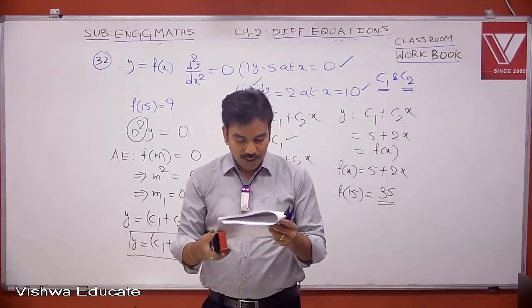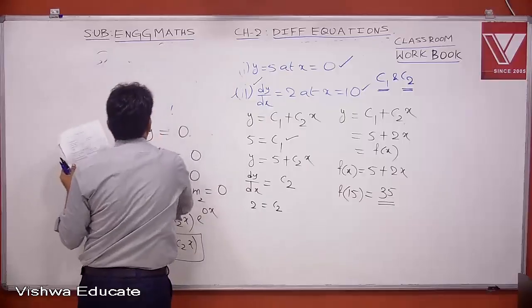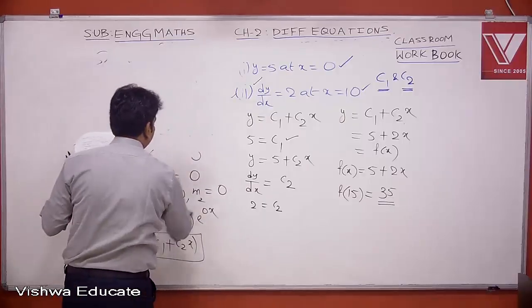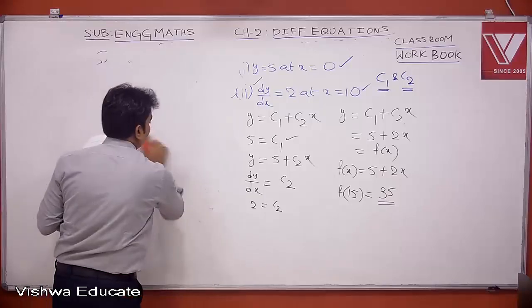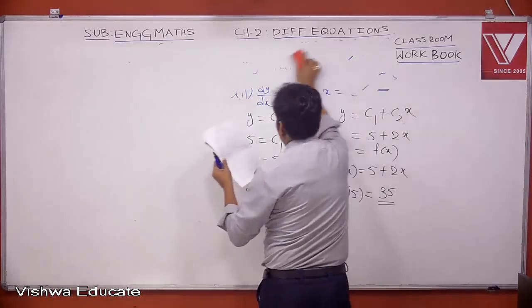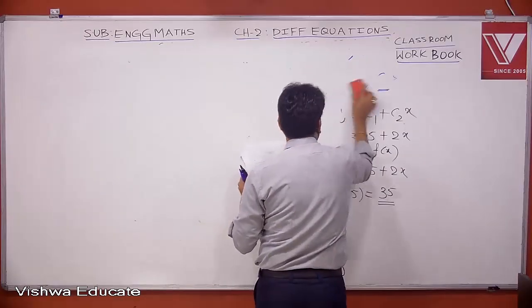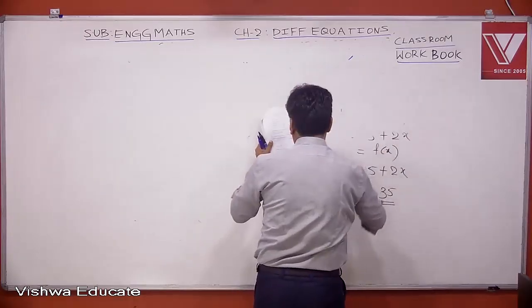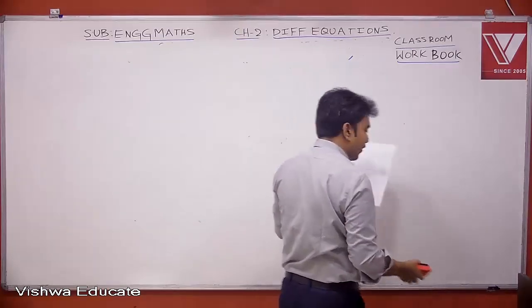Next, we move to question number 33. A solution of the differential equation d square x by dt square equal to minus 9x with some initial conditions.